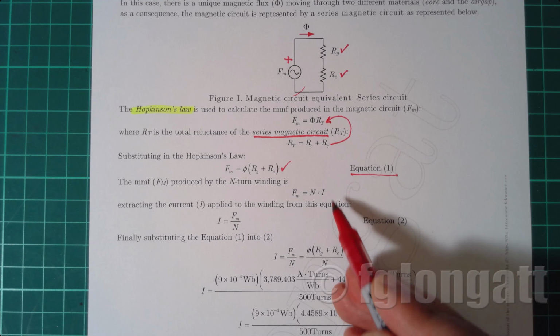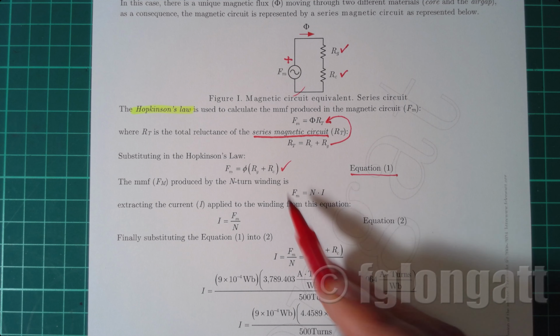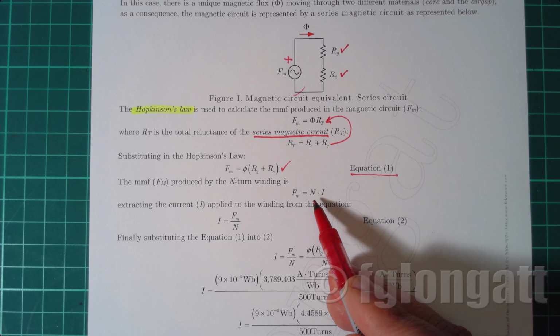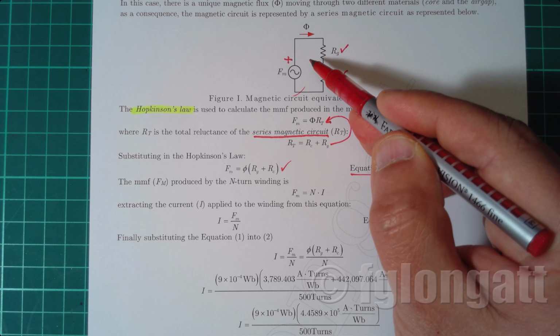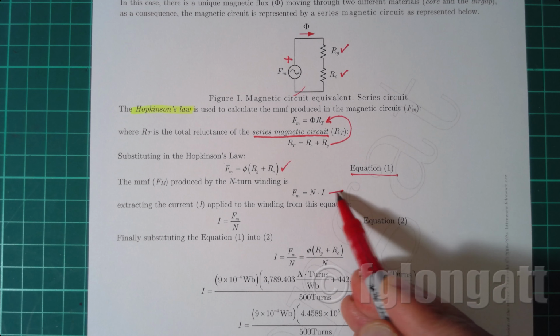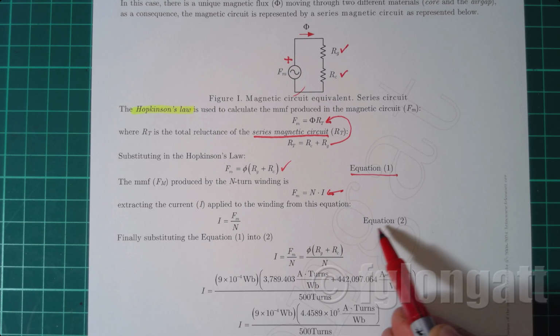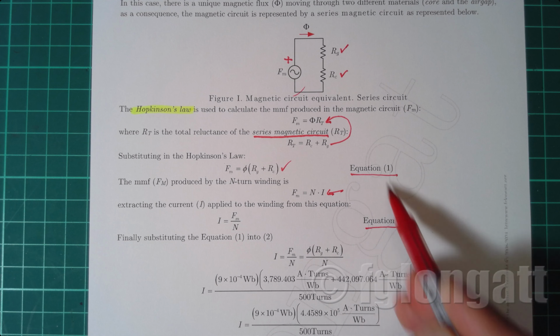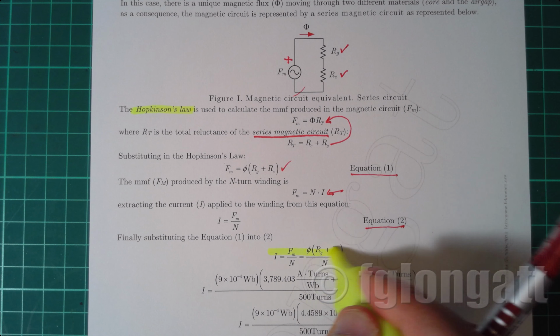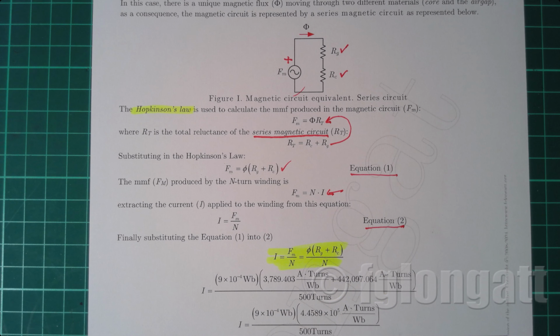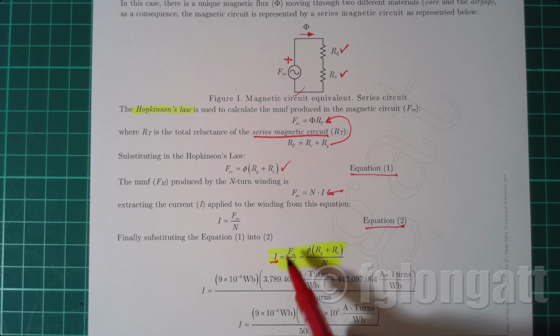On the other hand, we know that the MMF is the product between the number of turns and the current establishing this magnetic flux. So from this equation, we can extract the current, and now we have a second equation that we can combine. This equation allows me to calculate the current. The current in this winding will be the division of the MMF by the total number of turns.